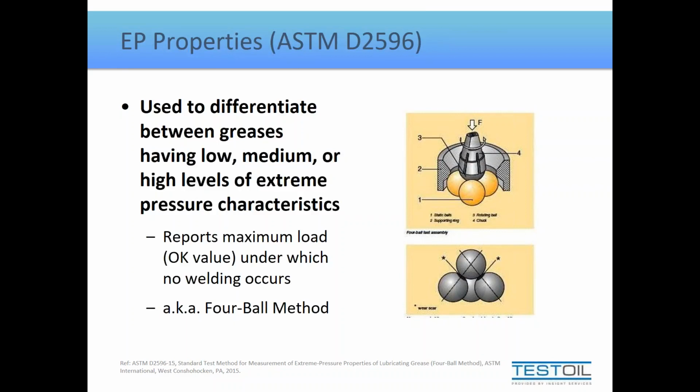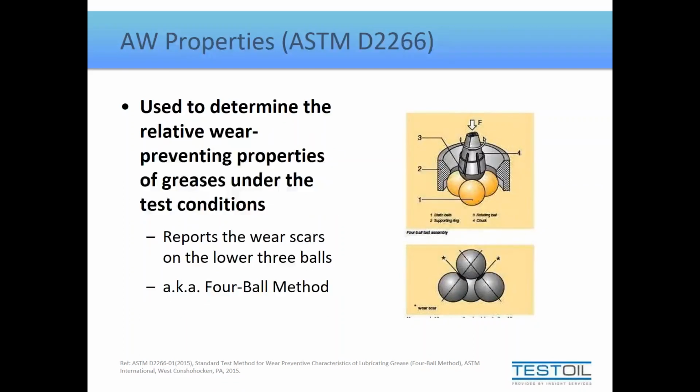Now, one variant to this test is done with the same 3 balls, same 4th ball on top, but in this case it's done under set conditions and you report the scars on the lower 3 balls. So this method is also referred to as the 4-ball method because it does employ the 4 balls, but most people try and differentiate it by calling it the 4-ball scar or the 4-ball wear.